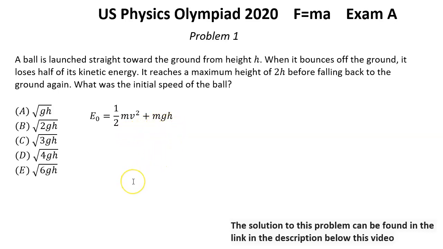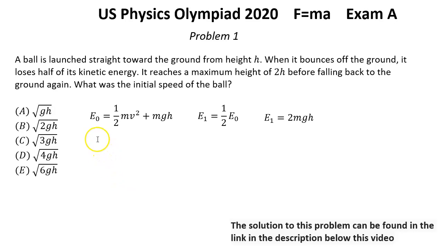After this ball reached the ground, it bounces off and loses half of this energy. So the energy after the bounce is equal to 1/2 of the initial energy E0. After that it reached the height 2h. So this energy equals 2mgh.